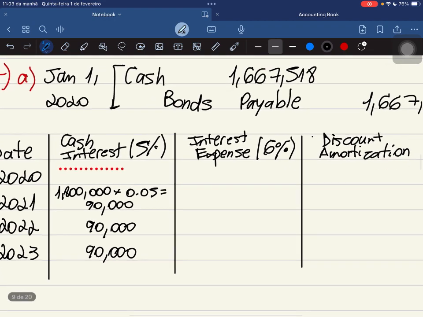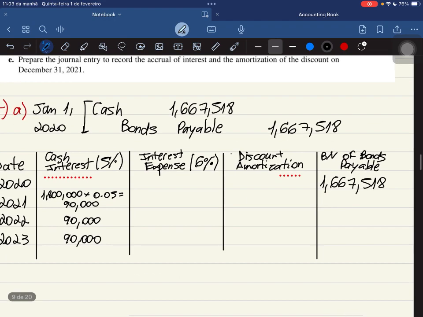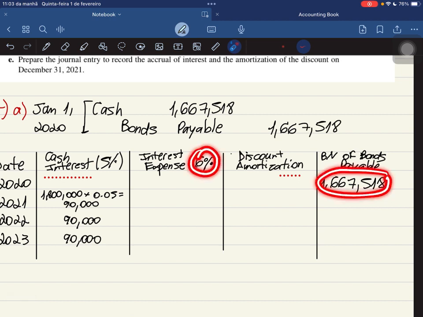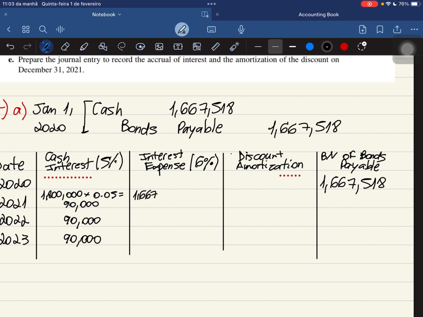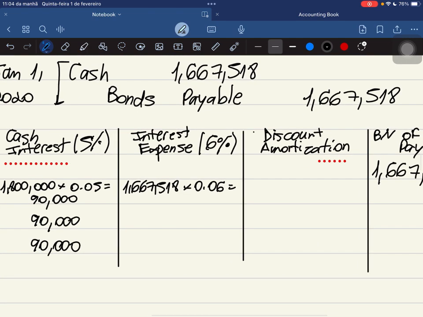Interest expense, on the other hand, is the one that changes, right? For this one, we use the previous book value times the market rate. Let's see how much that is. That is 100,051, and we can round it.